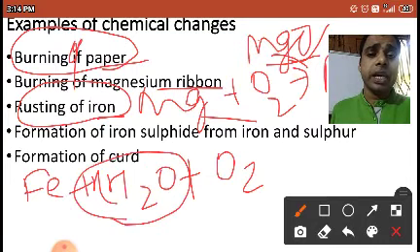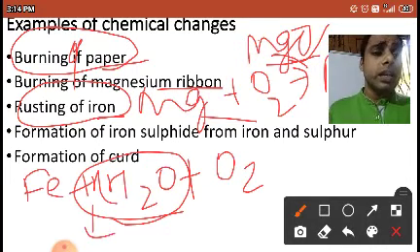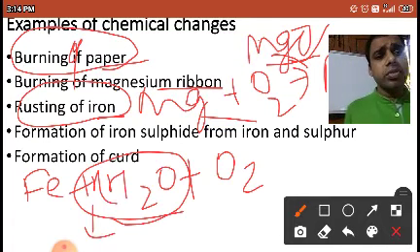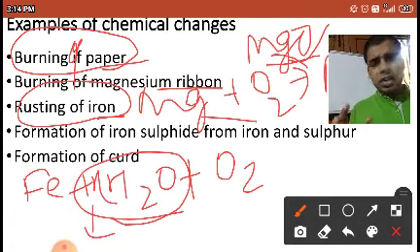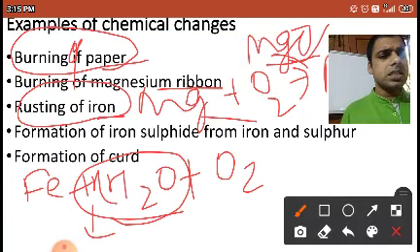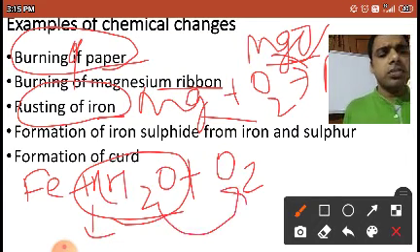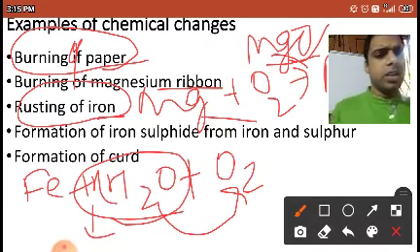Why have I taken x? x means you can vary the amount of water. If water is present in a lesser quantity, rusting will not take place at a faster rate. If water is present in a larger quantity, rusting will take place quickly along with oxygen. If oxygen is not there, rusting cannot take place.